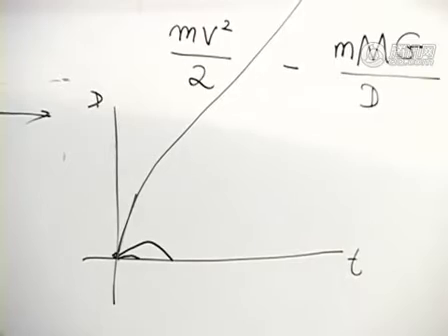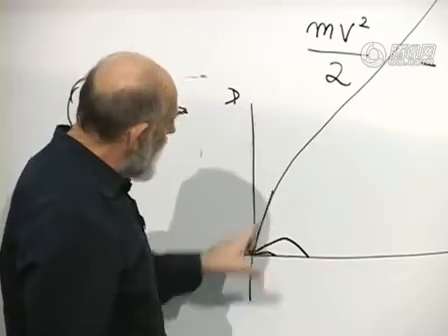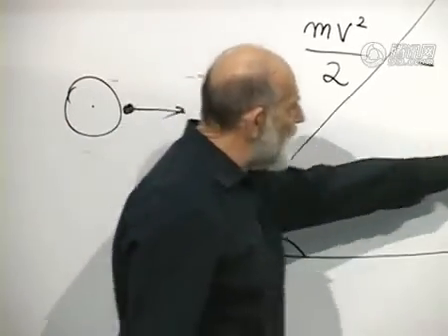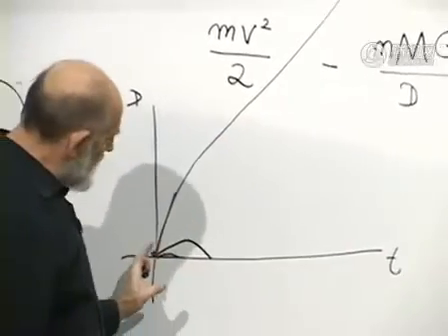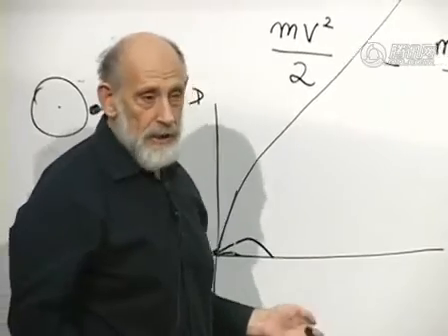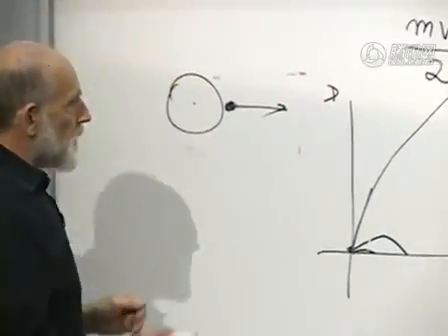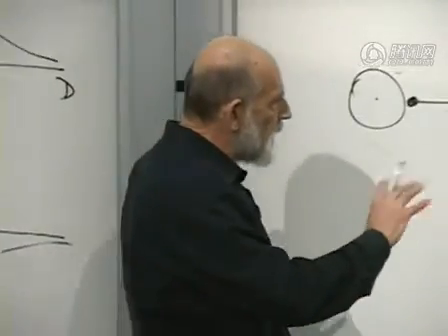Somewhere in between these two behaviors is exactly the right starting velocity to make the energy 0. If the velocity were any less, you'd fall back down. If it were any more, you'd surely escape. That velocity is just the marginal separation point between escaping and not escaping.